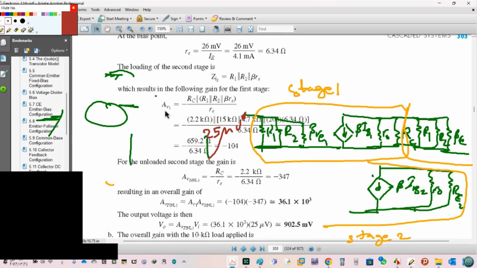He asked me to find AV1. AV, as you know, is minus RC over RE. But see the RC here?